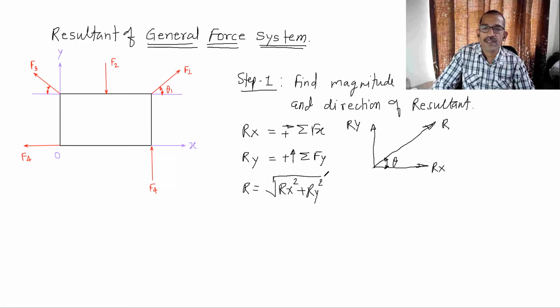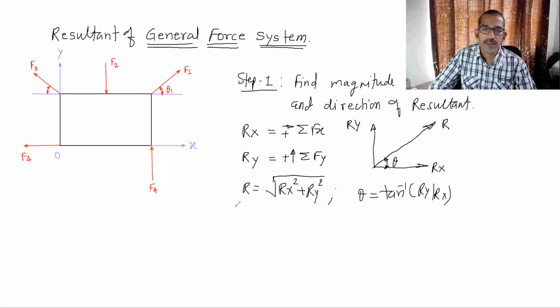For the inclination, tan theta equals opposite over adjacent, that is Ry upon Rx, so theta is tan inverse of Ry upon Rx. So using this step, we get Rx, Ry, and finally R and theta.